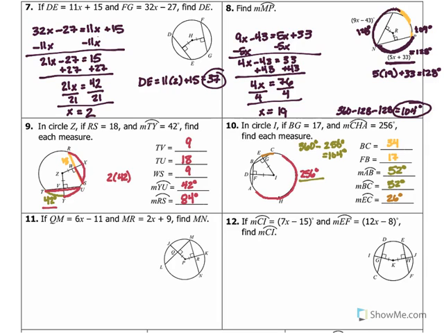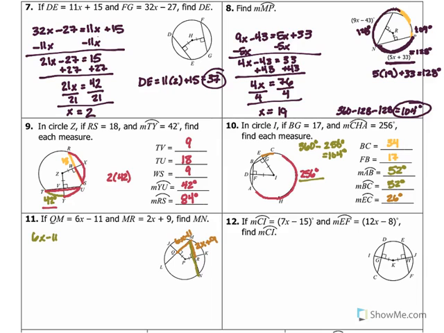Okay, let's go ahead and do 11. So 11 says if QM, that is this piece, is 6x minus 11, and MR is this piece, is 2x plus 9, they want us to find MN, which is this whole piece. So MN is the whole chord, and QM and MR are half a chord. Those are both half a chord, so we can set them equal to each other. Okay, so let's go ahead and set those equal.